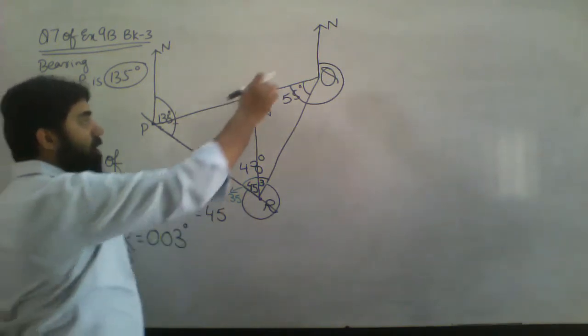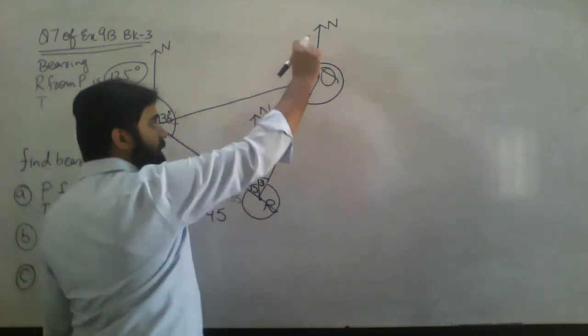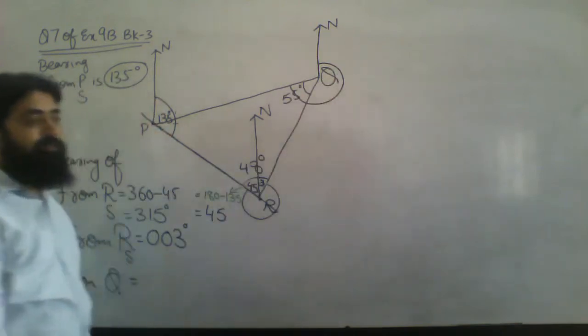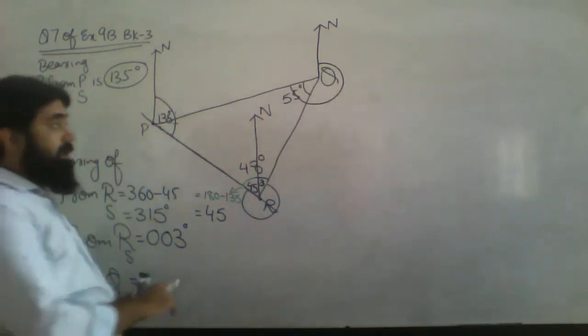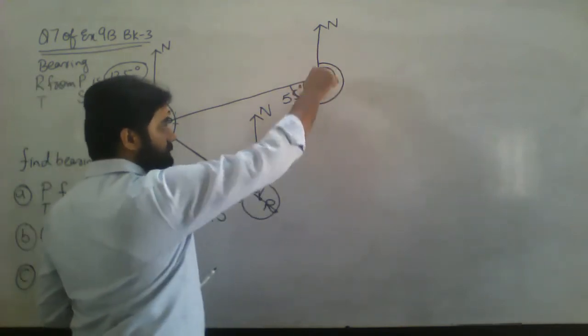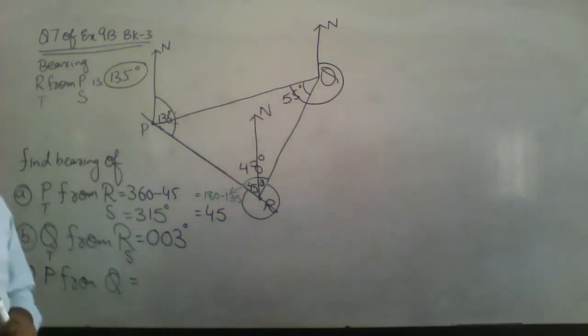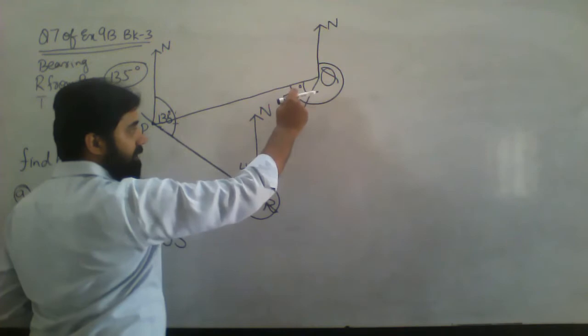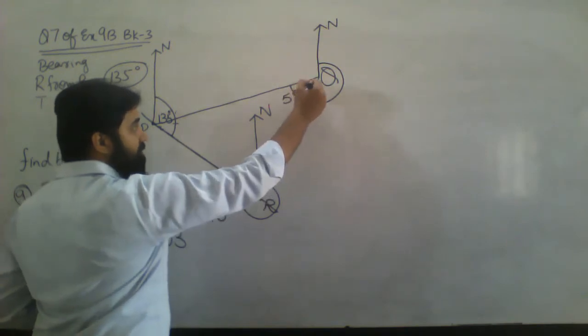Now, if somehow I can get this one, I can subtract it from 360 and I will have my final answer. Or if I can have this thing, I will add 55 and also get my answer, right? Now see, this one was given as 55 in the question.